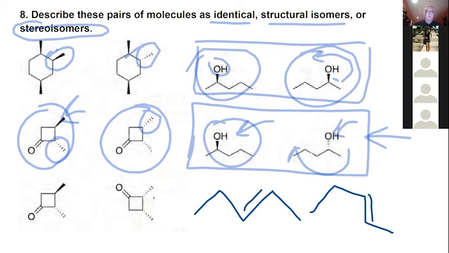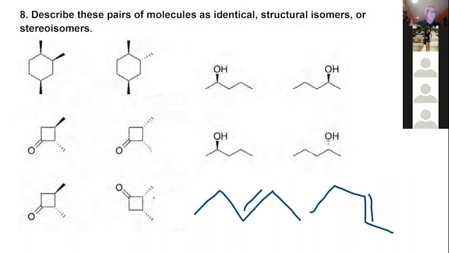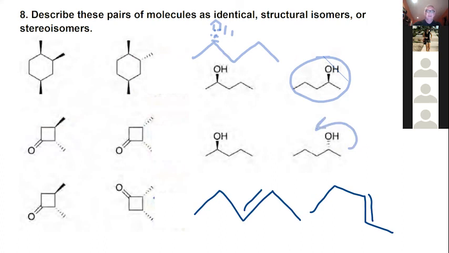With this one, if I flip this around, it would look like this. It would be the hash marks. It would be pointing back. So those wouldn't superimpose on each other. But if I flip this one around, it looks exactly like that.